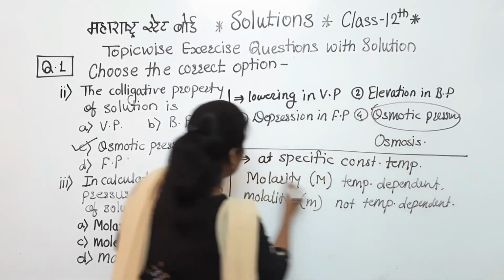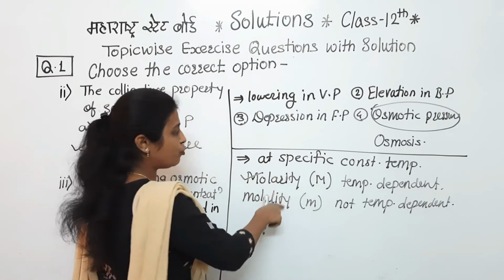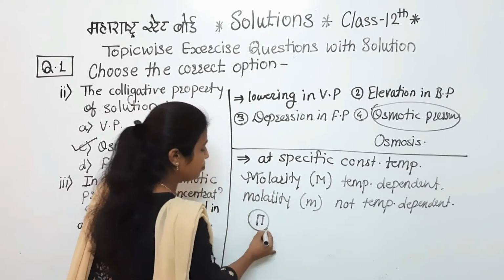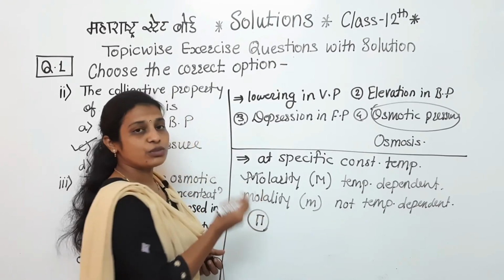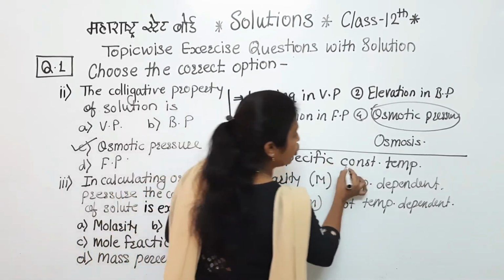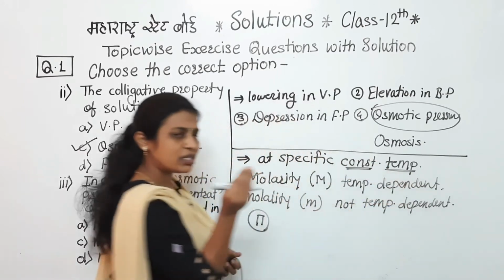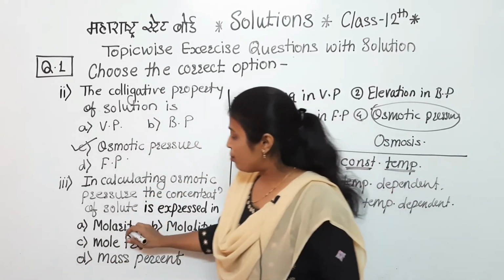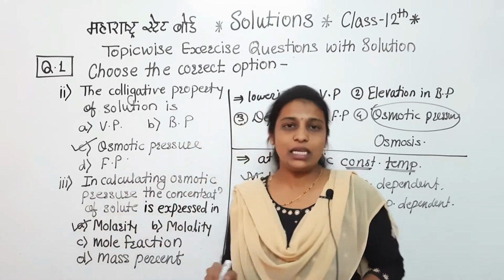So the answer is molarity, because the osmotic pressure, which is denoted by the symbol pi, is measured at a specific constant temperature, meaning we have to consider some temperature. For that purpose we have to consider molarity. So option A is the correct answer.